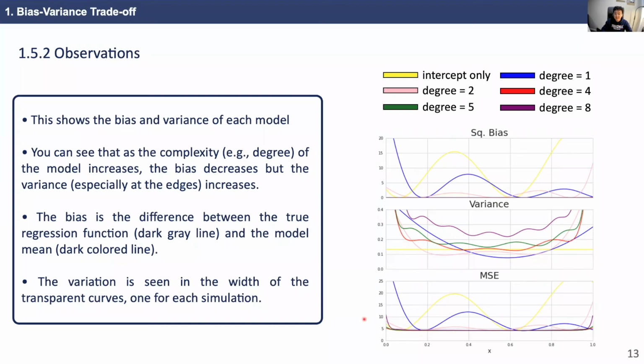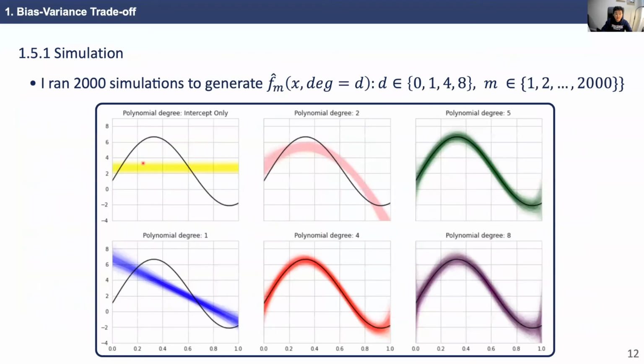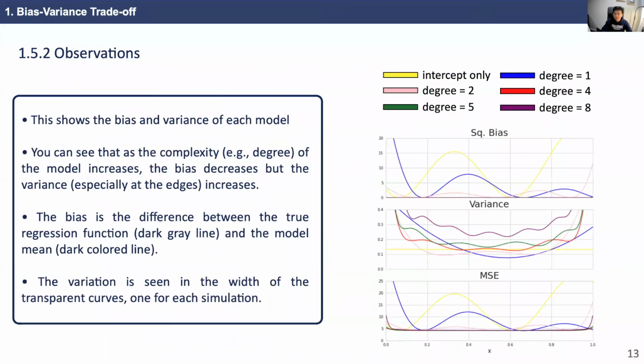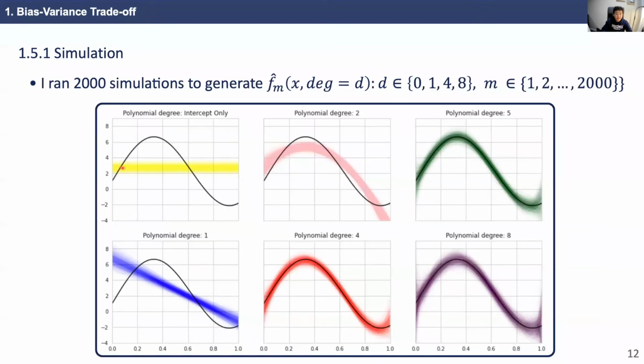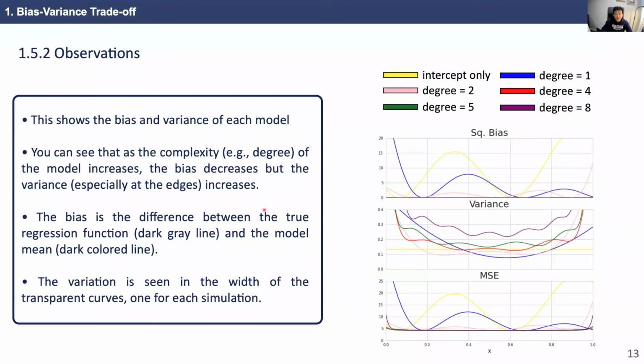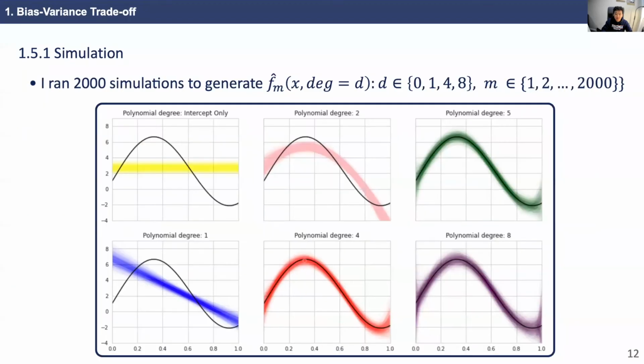The bias is the difference between the regression function, the black line, and the model's mean, which is maybe the middle of these 2,000 lines. So it is the difference between the middle of these 2,000 lines and this solid black line. And the variance is seen in the width of the transparent curves, one for each simulation. So this width is the variation.